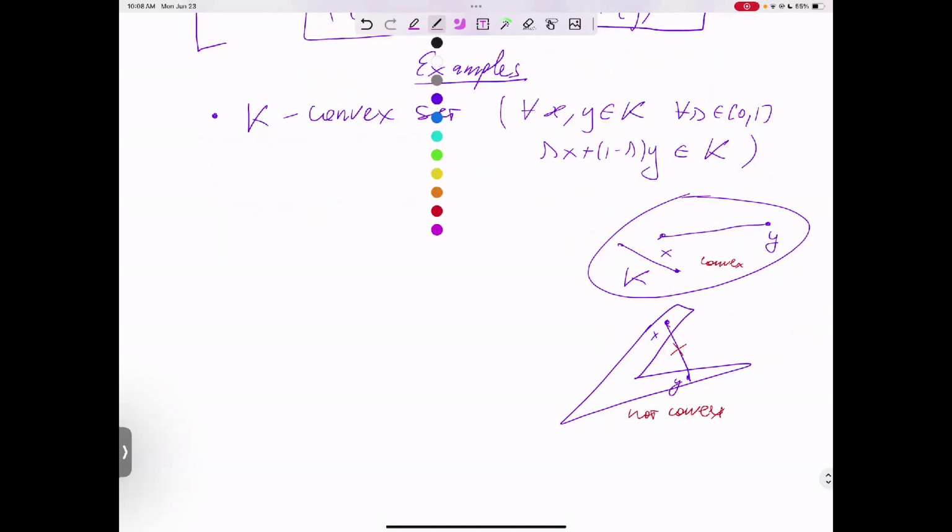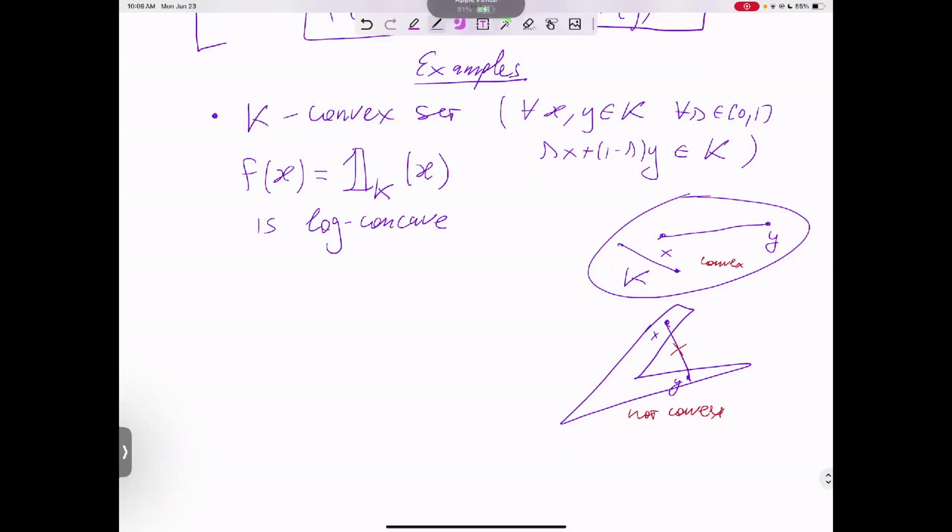So suppose we have a convex set, then f of x, which is the characteristic function of K, is log-concave. Let me remind you again what a characteristic function is, just in case. Something weird is going on with the pencil.